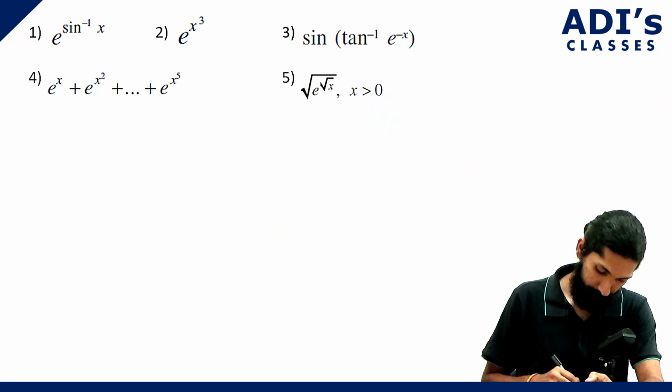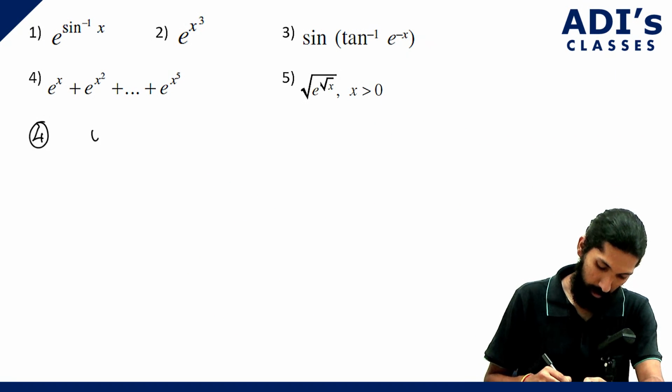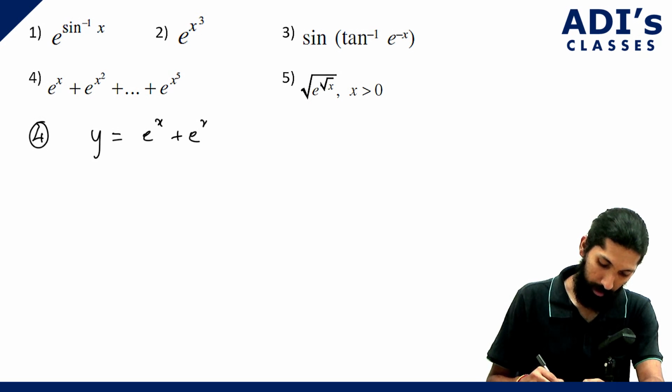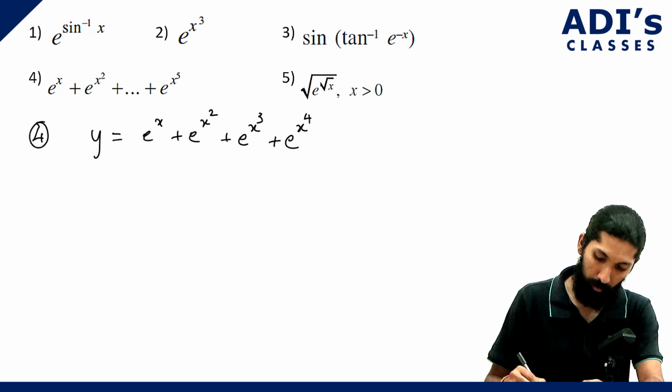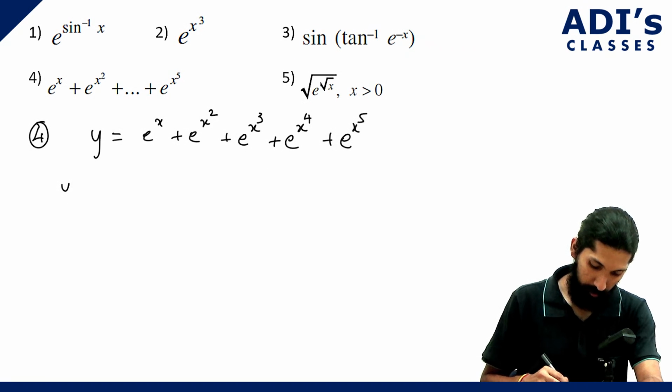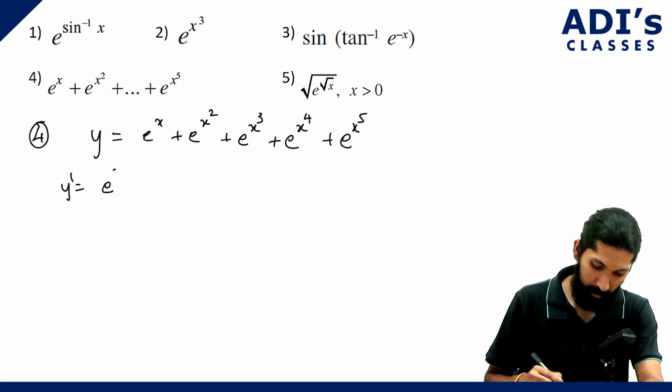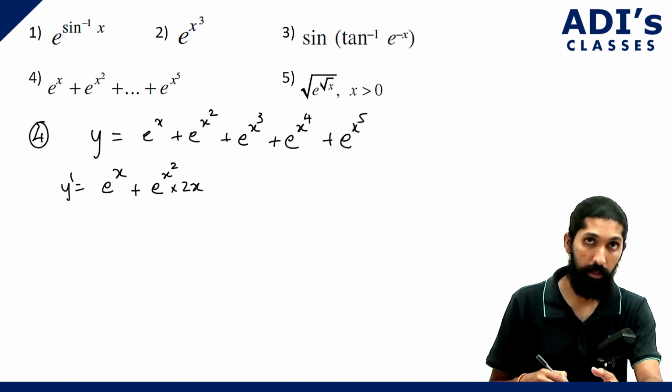See the fourth one? y is equal to e power x plus e power x square plus e power x cube, e power x power 4 plus e power x power 5. So y dash will be e power x is e power x itself. There is no change. Next one is going to be e power x square into 2x, isn't it?